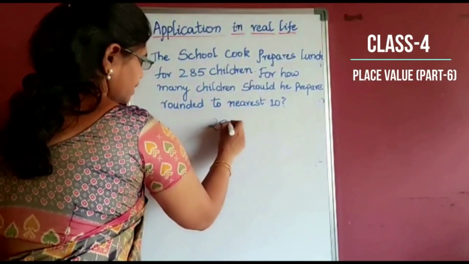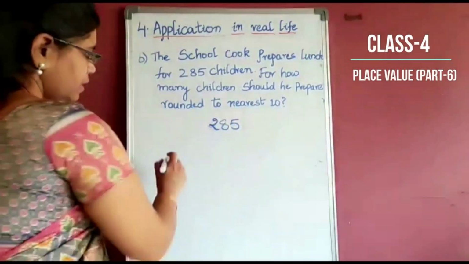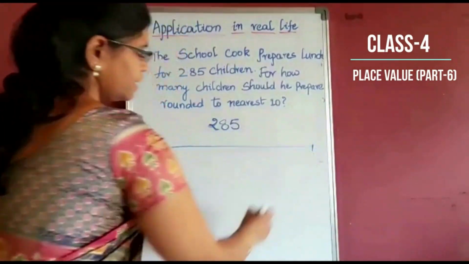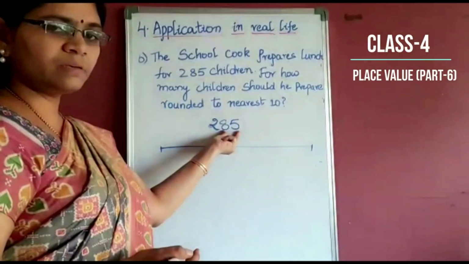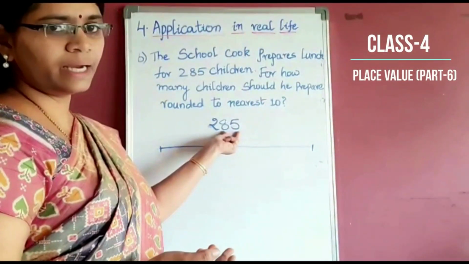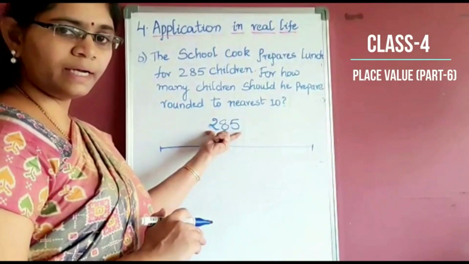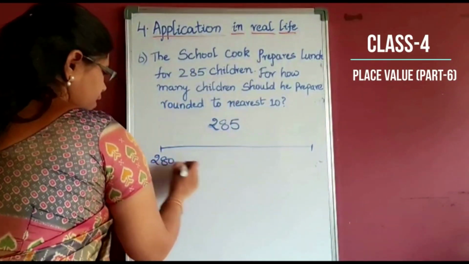285 children are there. Let us round it off. Now children, if I draw a number line, 285 is in between which two tens? 85 is in between which two tens? It is in between 80 and 90. So 285 is in between 280 and 290.